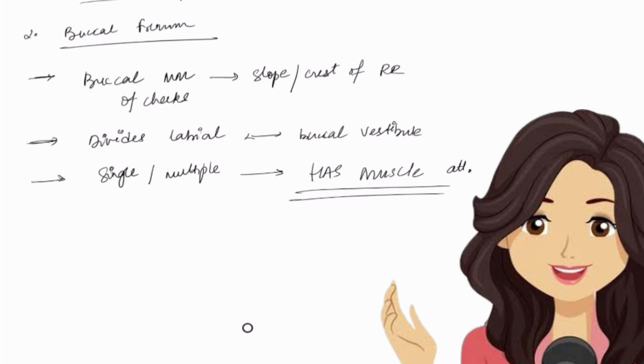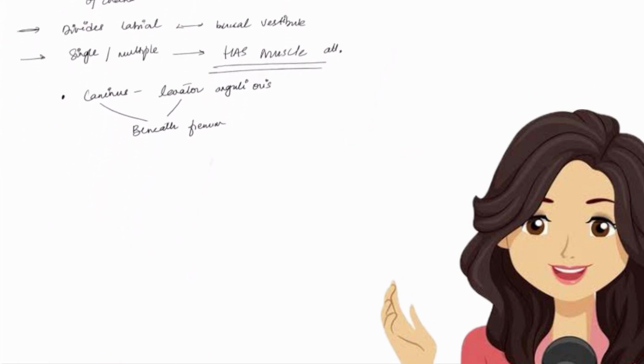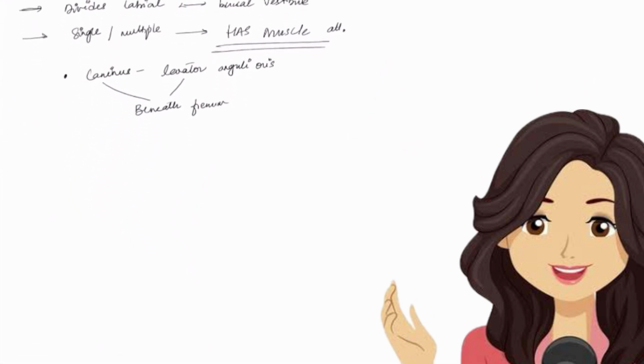In a buccal frenum, what you see is caninus. Caninus basically is the levator anguli oris. So you have the levator anguli oris present beneath the frenum.